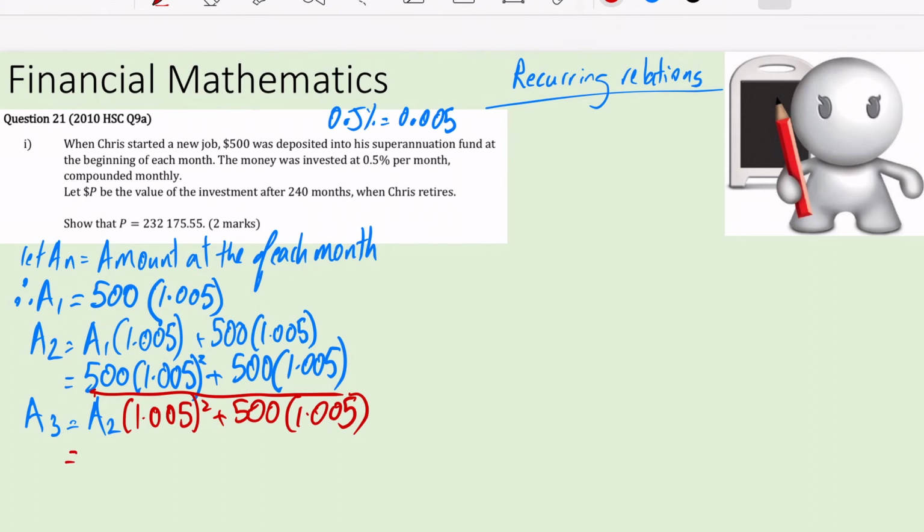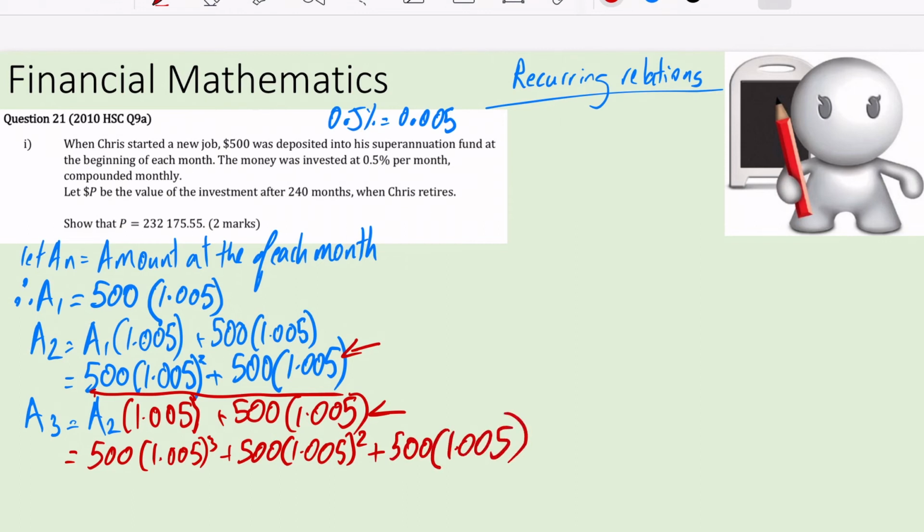So what I've underlined there in red, I'm going to multiply it by 1.005. So that becomes cubed. This one becomes squared, and then this over here, I'm just simply writing it over here.